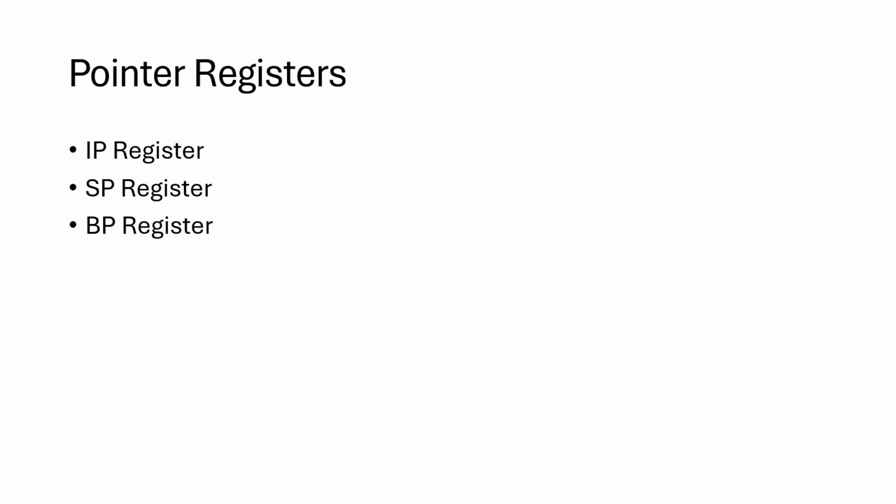Then we have one more set of pointer registers. Pointer registers are the 32-bit EIP, ESP, EBP registers. Let's have a look at the purpose of each of these registers.